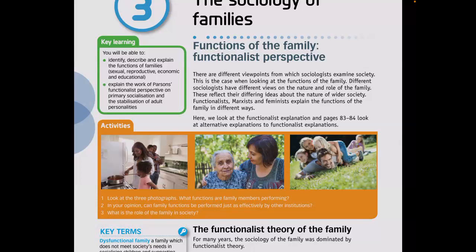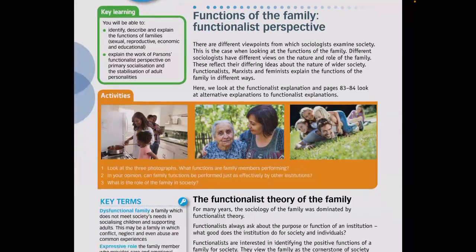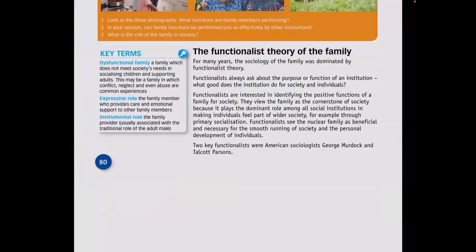There are different viewpoints from which sociologists examine society. This is the case when looking at the functions of the family. Different sociologists have different views on the nature and role of family. These reflect differing ideas. Functionalists, Marxists, and feminists explain the functions of family. So basically, we are going to look at family from the eyes of all three, but most importantly, functionalist, because that is considered to be an ideal situation for families.